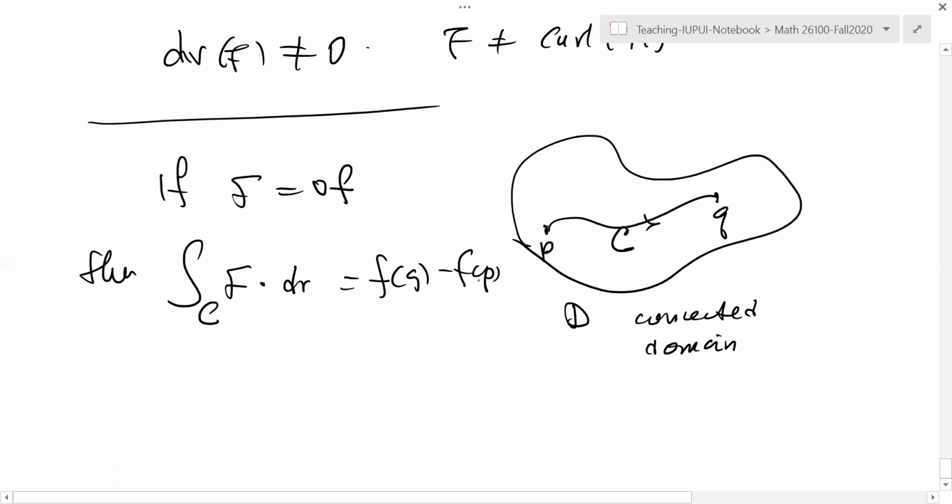It's independent of the path, and only depends on the values of the function at the two endpoints.